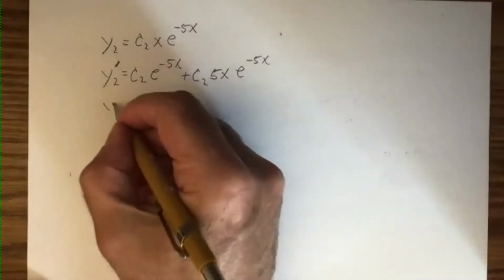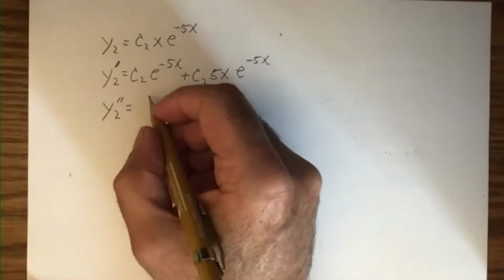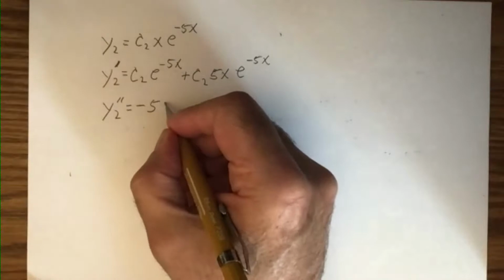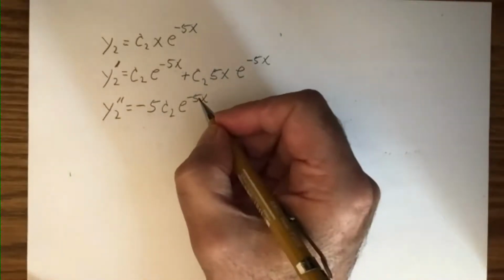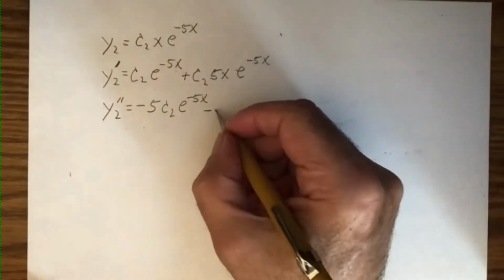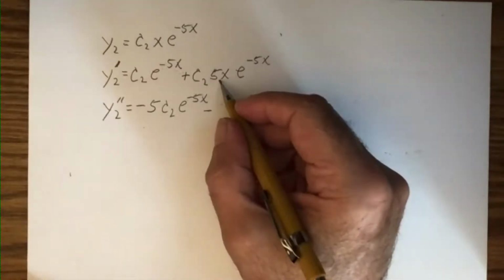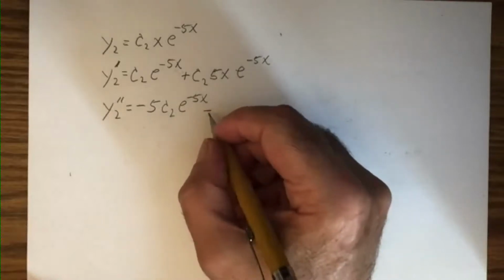All right, now I'm going to take the second derivative. Well, this here now is going to give me a minus 5 C2 e to the minus 5x, right? And then I'm going to get a minus sign here.